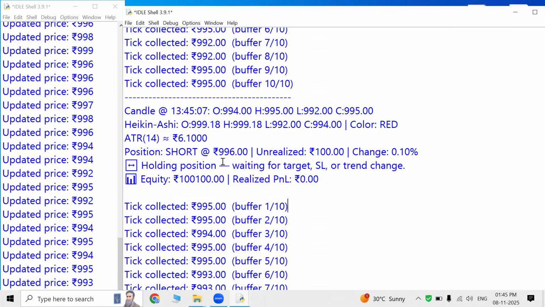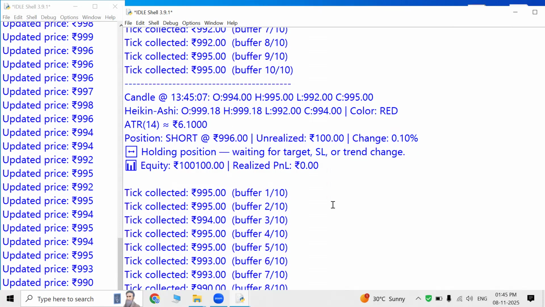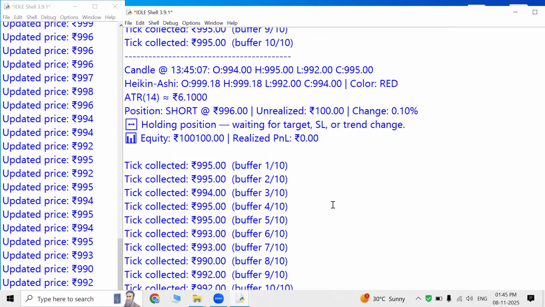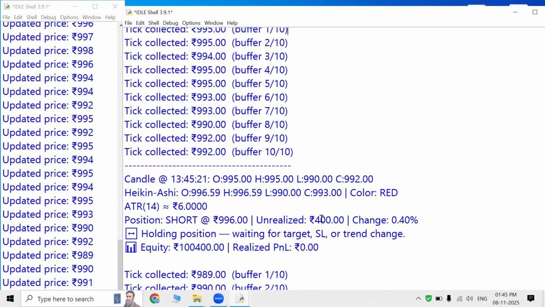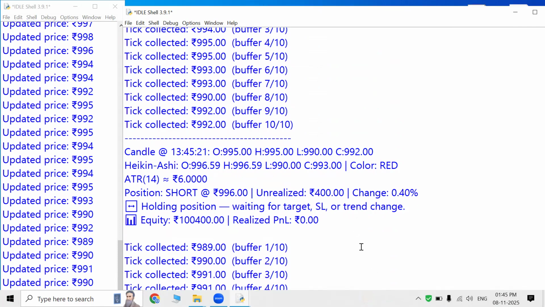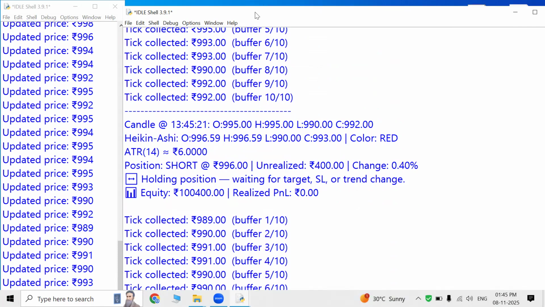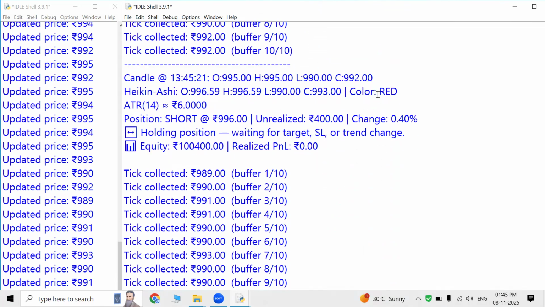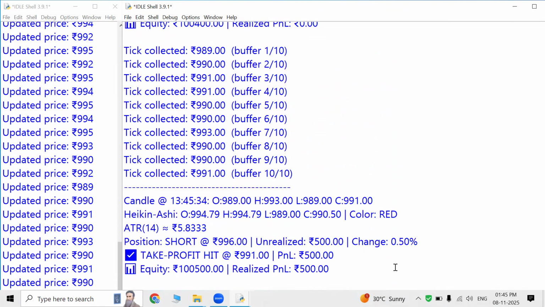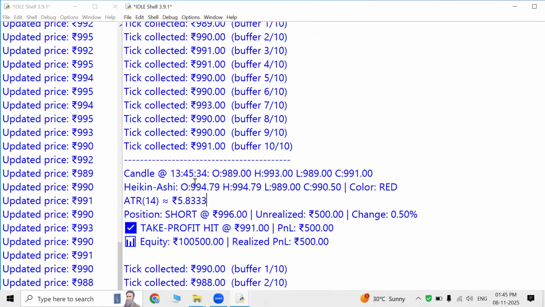If the market goes below a certain value, then we are going to book the profit. Otherwise, if there is a stop loss, then we will do stop loss. Unrealized profit is 400. The algo is collecting the price. Still, we are in a trend of short only. The color is red only. The color is still red.